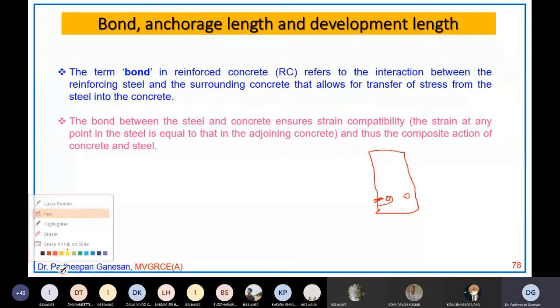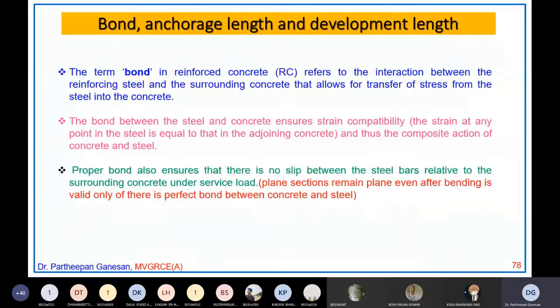Next, the proper bond also ensures that there is no slip between the steel bars relative to the surrounding concrete under the service load. And this is the reason the assumption that plane sections remain plane even after bending is valid only if there is a perfect bond between concrete and steel.